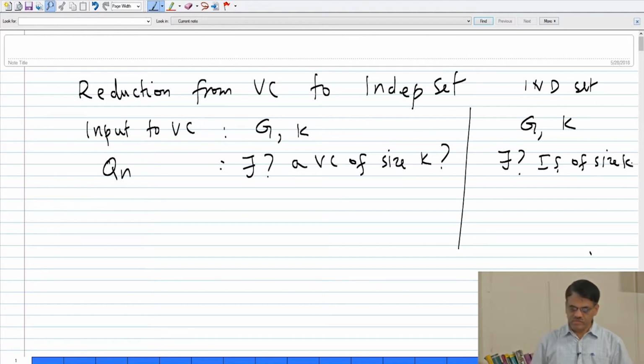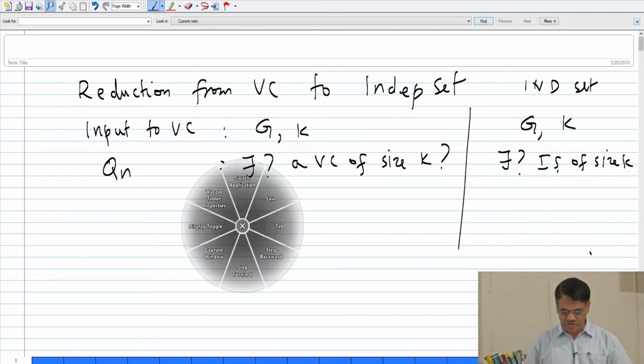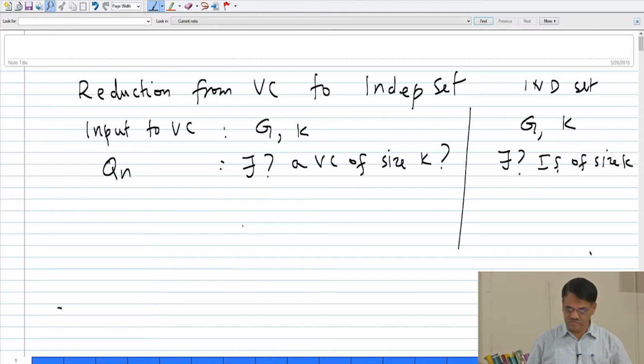Similarly, for clique and so on. So, now I said, you want to reduce from here to here. What was the reduction? If you have the algorithm to find if there is an independent set of size k, you can tell if there is a vertex cover of size n minus k.